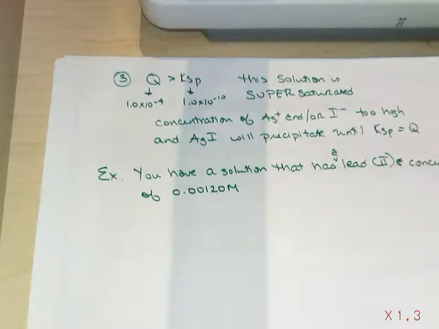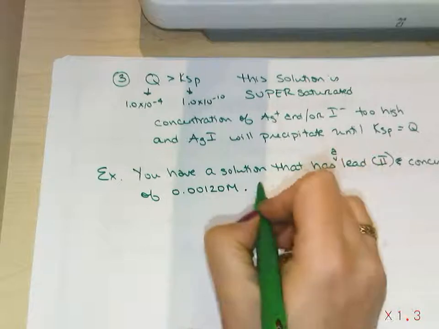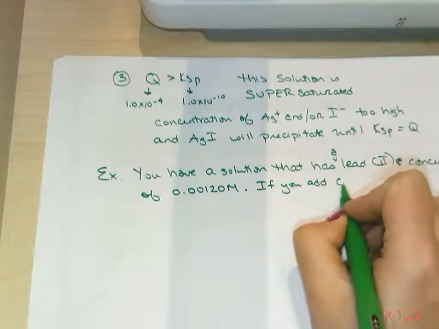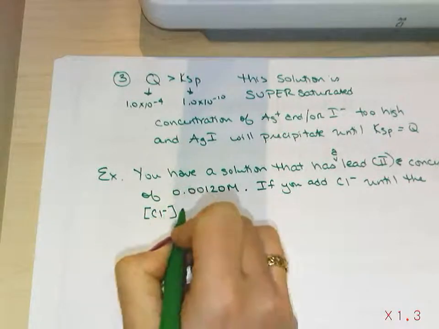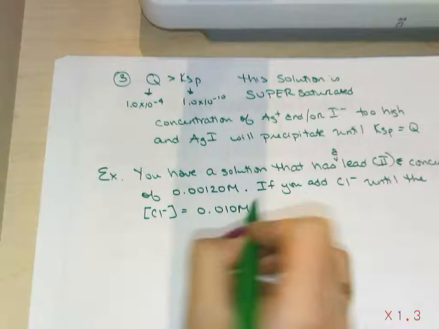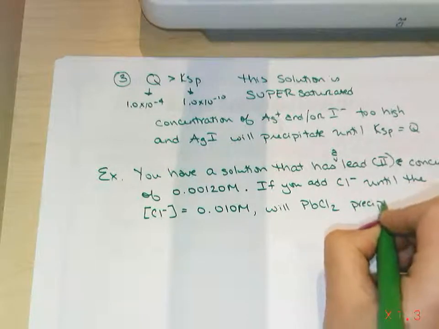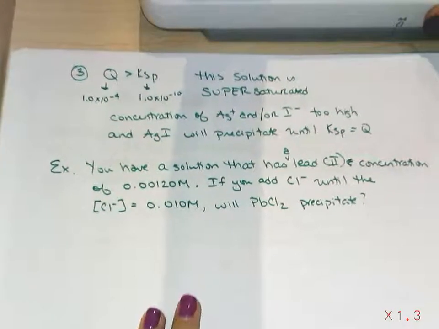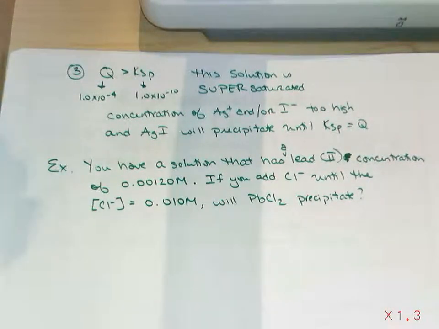It's a lot of zeros. You're going to add enough chlorides until the chloride concentration is 0.01 molar.